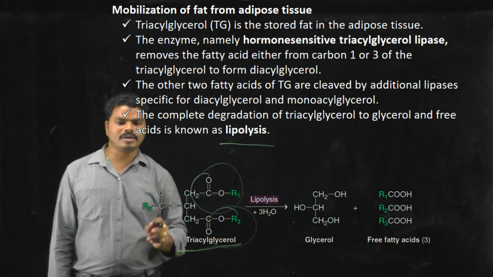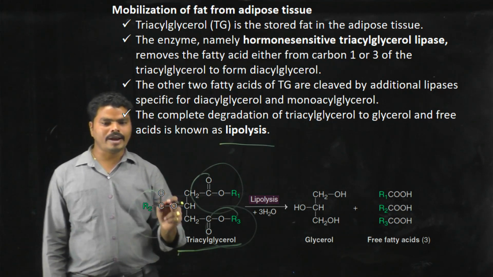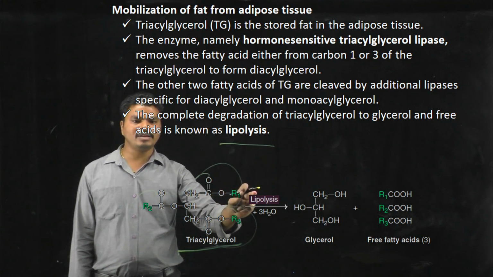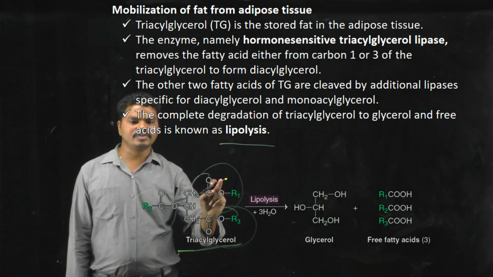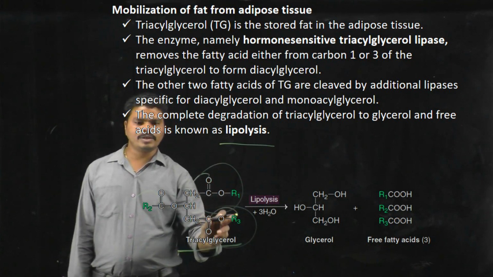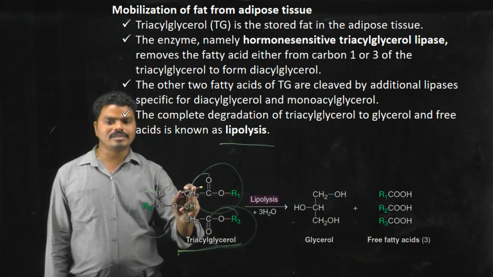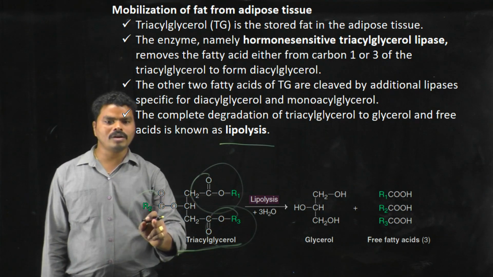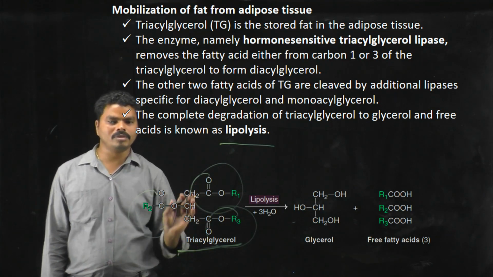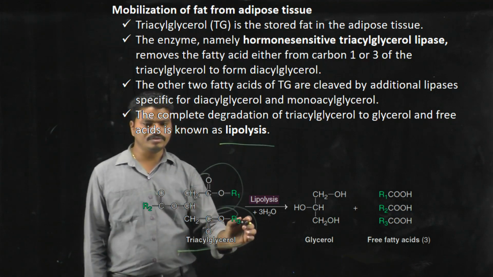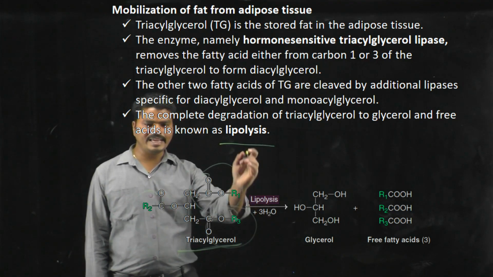That's why it is called triacylglycerol. One of the enzymes, hormone sensitive triacylglycerol lipase, will first remove the acyl group which is attached to carbon 1 or carbon 3. Thereby it forms the diacylglycerol.